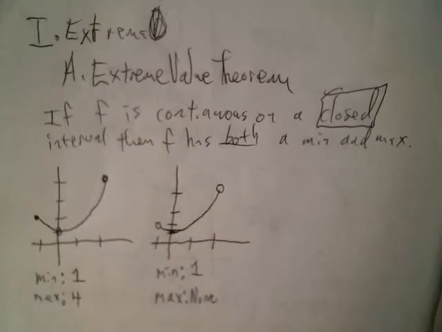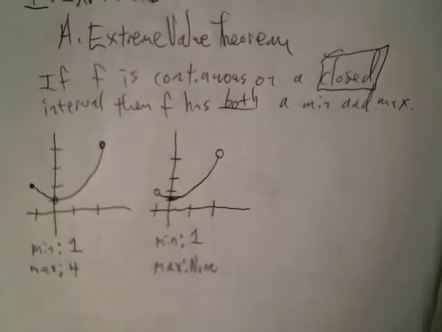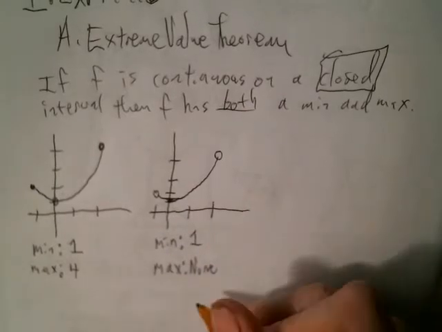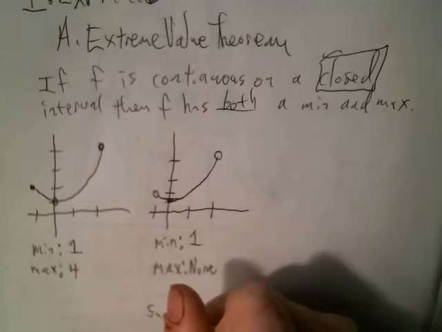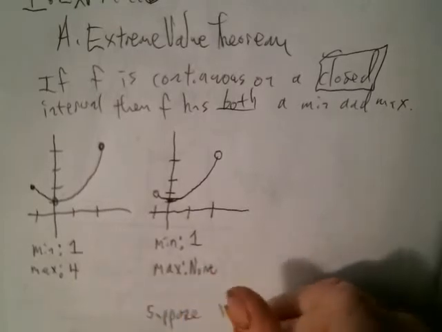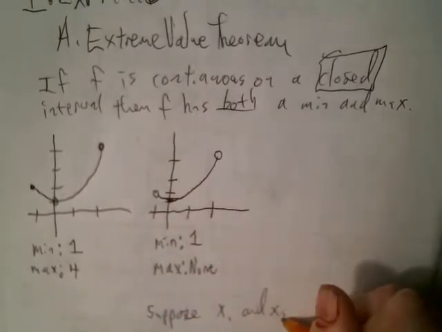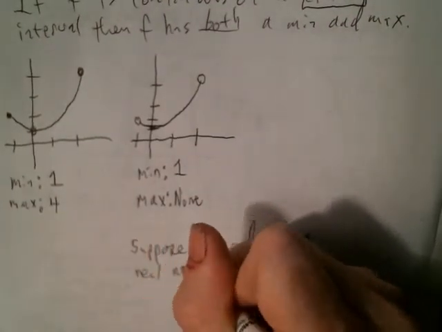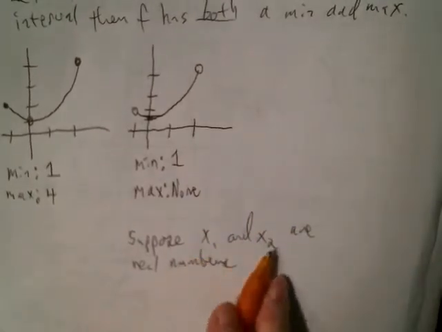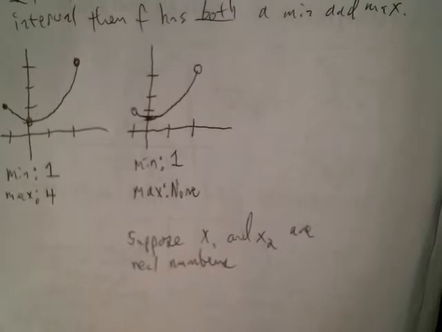And so it's this idea about there's always something in between numbers on the number line, which may be something we take for granted, but if you have two real numbers, suppose x1 and x2 are real numbers, you can always find an infinite number of numbers in between those two numbers, right?